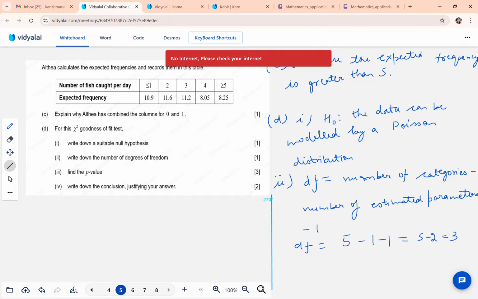Next, find the value of P. Now you will be using the chi-square test. From the calculator you will just use chi-square goodness of fit test, sub in the values of expected, observed, degrees of freedom and you will get the value of P. You just need to plug in the values and you will get the value of P, that is in this case 0.843.